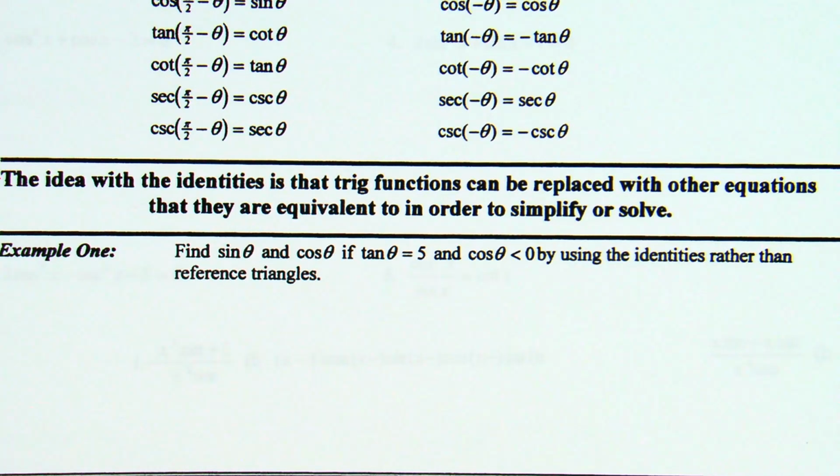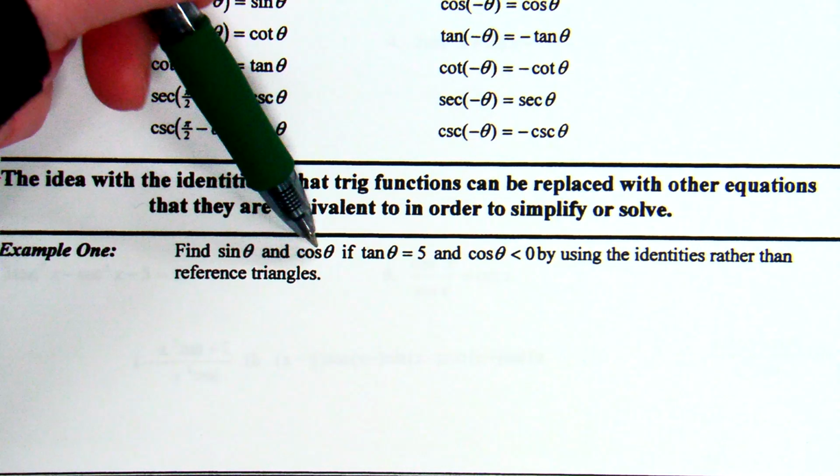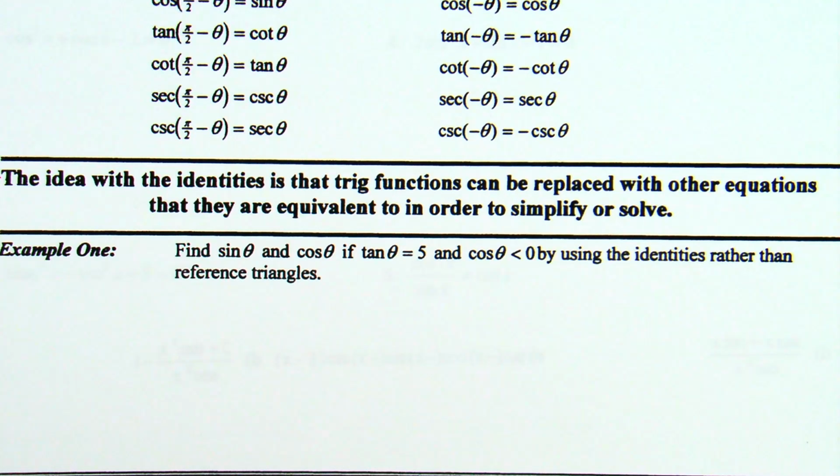So we have to use some kind of identity from above where we can put in tangent, and it will help us find something like sine or cosine, or something that we can convert to sine or cosine. Okay? Thoughts on this?